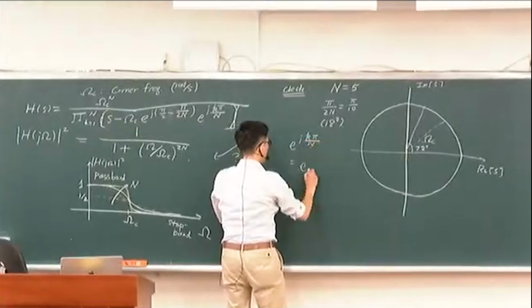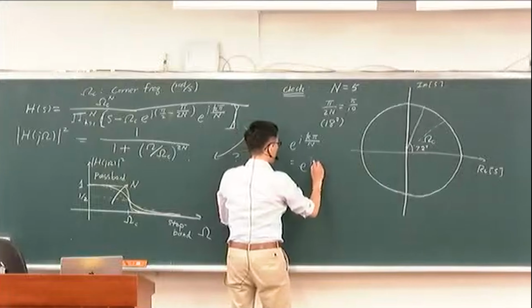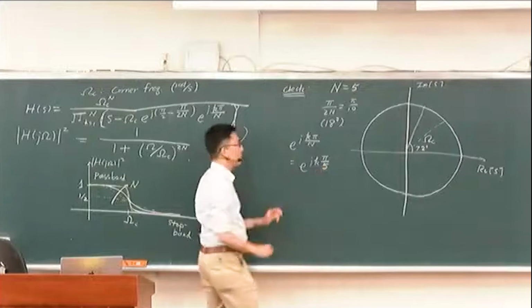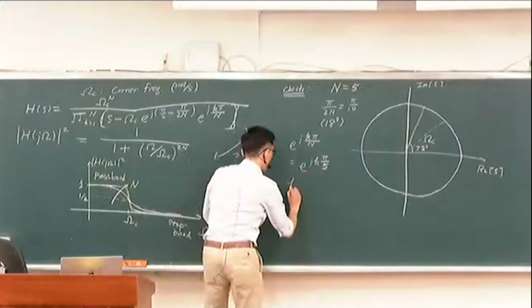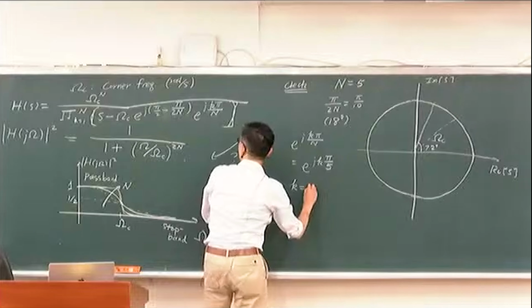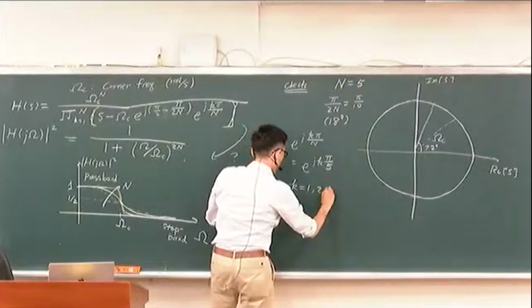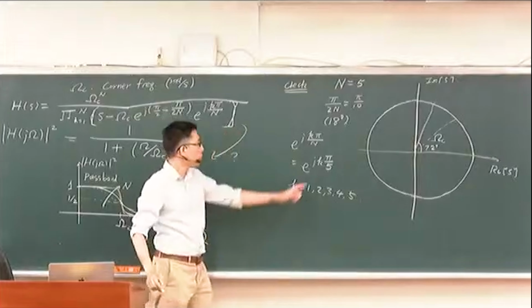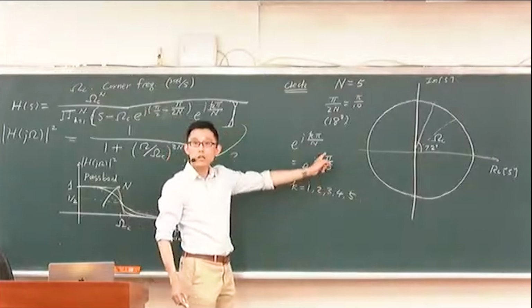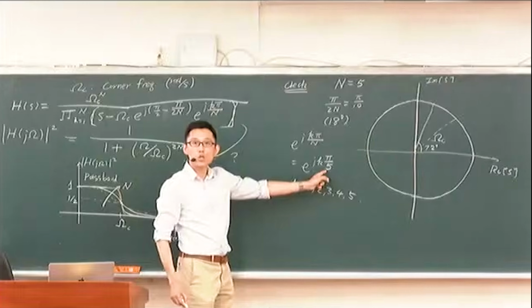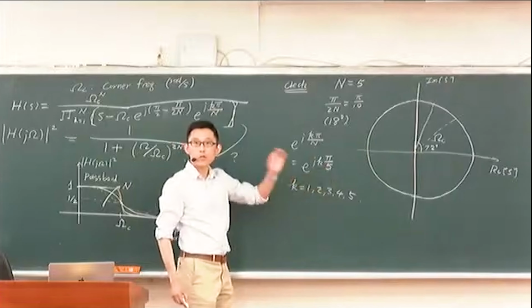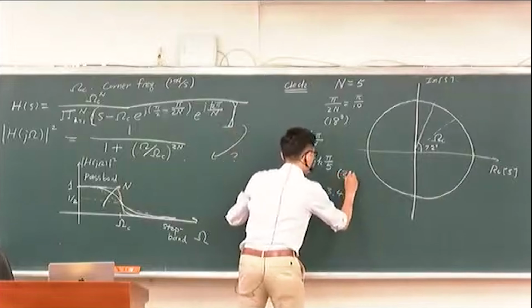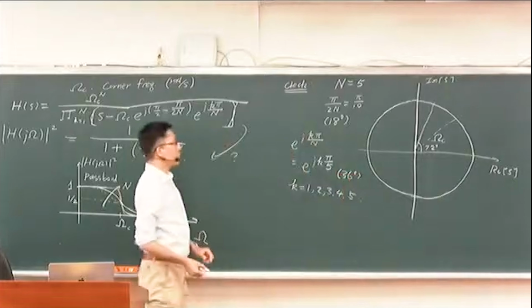So that's e to the j k times pi divided by 5, with k being 1, 2, 3, 4, or 5. And we know pi divided by 5 is how many degrees? It corresponds to 36 degrees, okay? So this is 36 degrees.